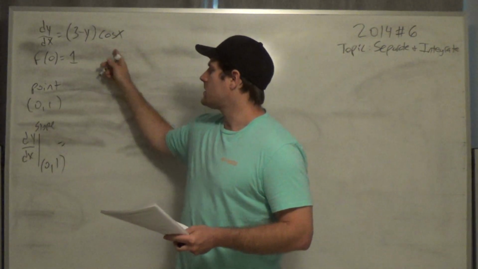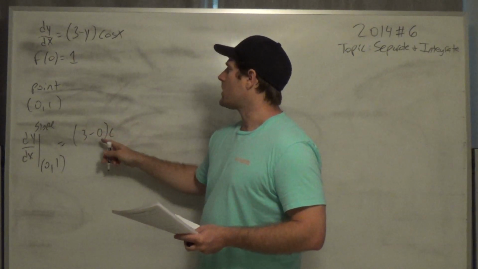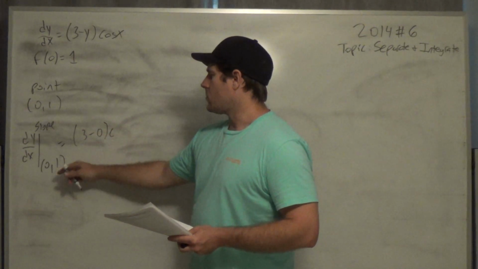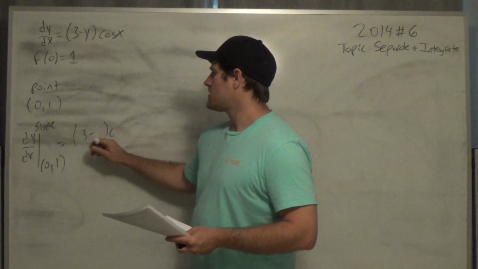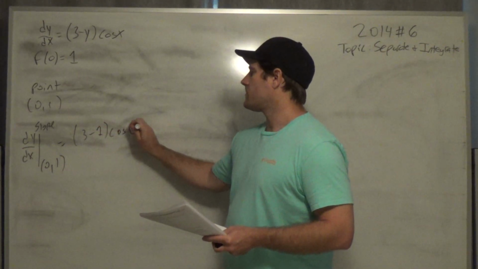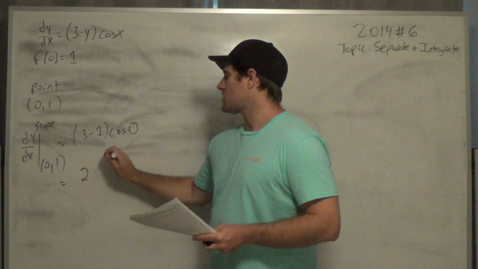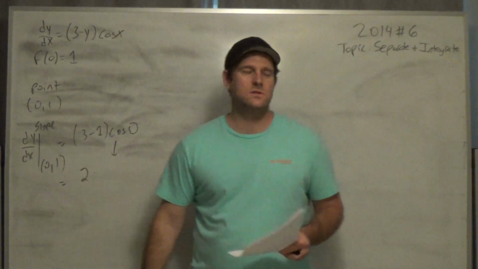So I'm going to go up to here, and the y is a 1, and the x is a 0. Okay. So if we do this, we get our slope is 2 times whatever cosine of 0 is.